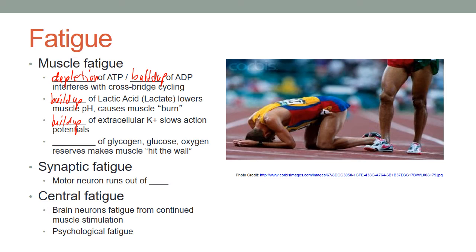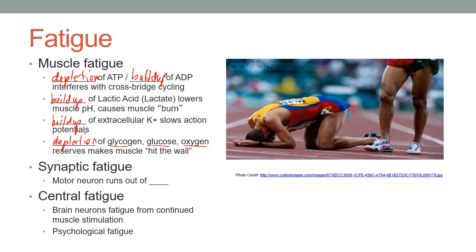And finally, there's the idea of depletion of either glycogen reserves, free glucose, or oxygen reserves that would make your muscle sort of hit the wall.